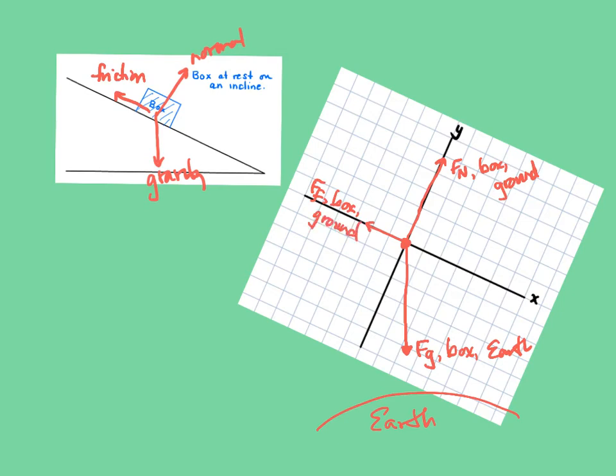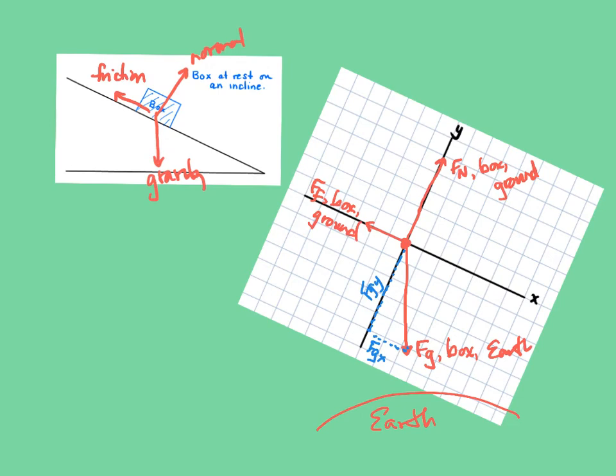So what we want to do now is think about what kind of components we have. Anything that's at an angle to our xy axis, we're going to try to show its components. So this would be the force of gravity along the x-axis, and this component would be the force of gravity along the y-axis. So what kinds of things now are congruent?